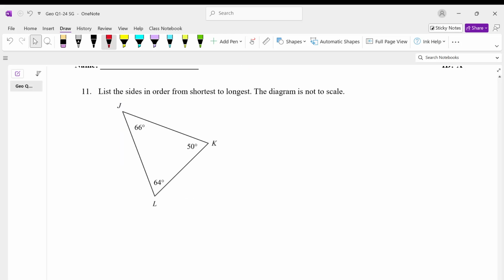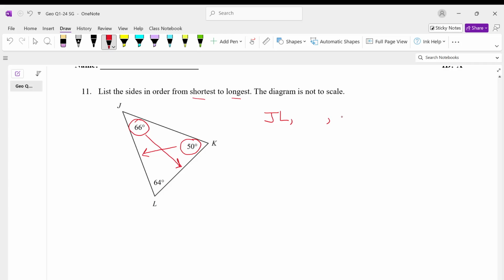All right, problem number 11 asks you to list the sides in order from shortest to longest. Shortest is opposite the smallest angle. So shortest is opposite the 50. So that's going to be JL. Longest is going to be opposite the largest angle.